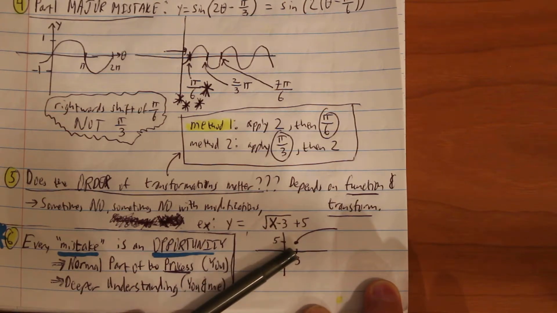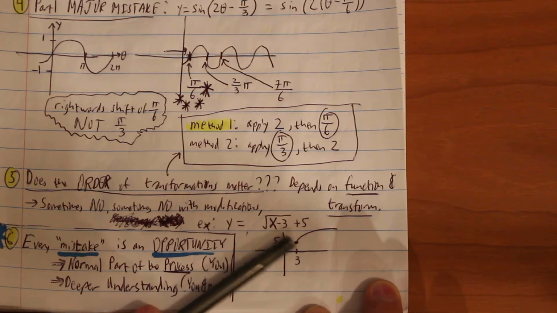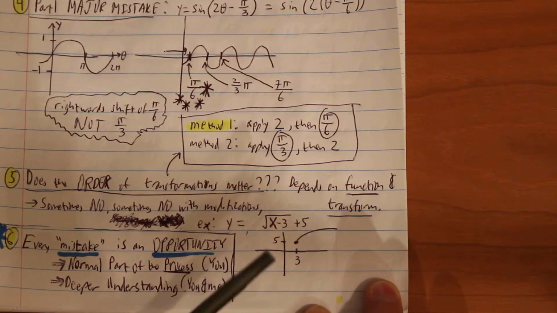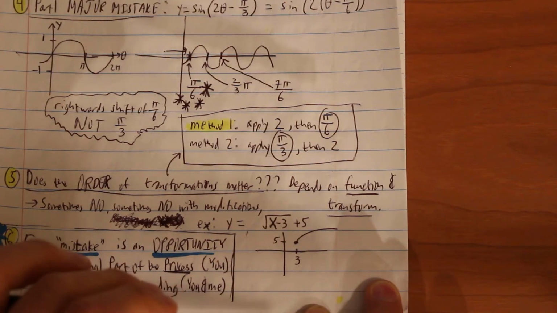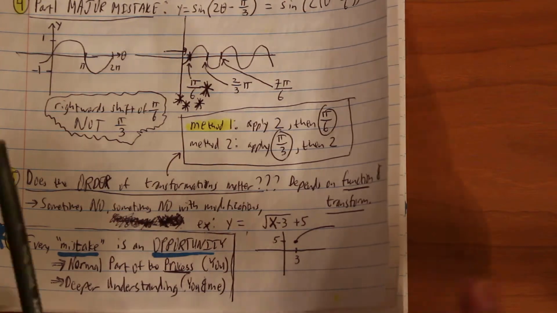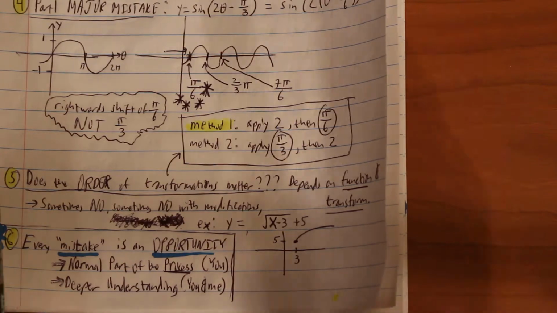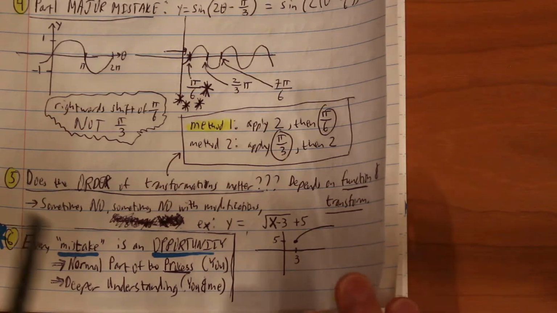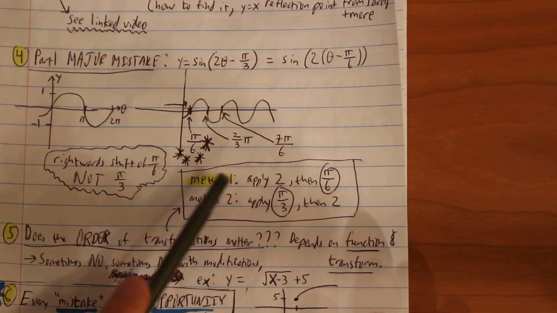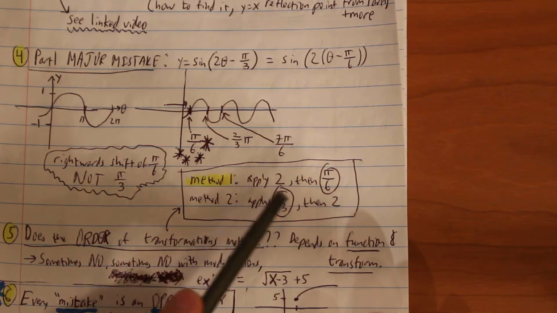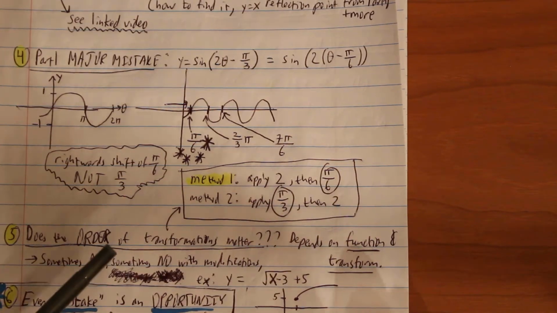We could have moved it over by 3, then up by 5, or up by 5 and then over by 3. In this case, since these move it in different dimensions, one horizontal and one vertical, they're completely independent transformations, so we can apply them in any order. Whereas, as we've seen with these two methods, if you reverse the order, you have to apply slightly different transformations.